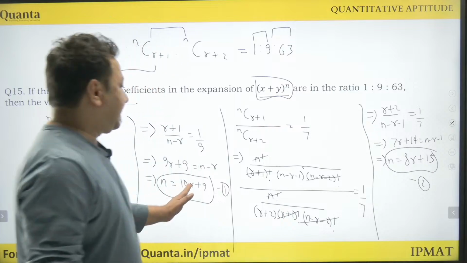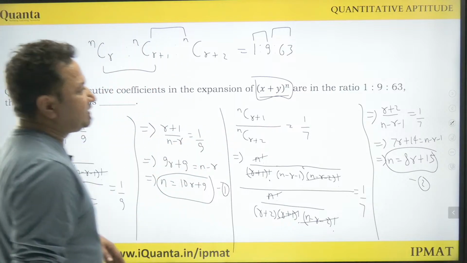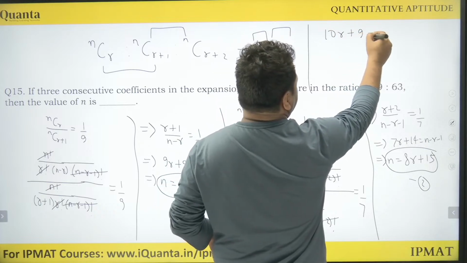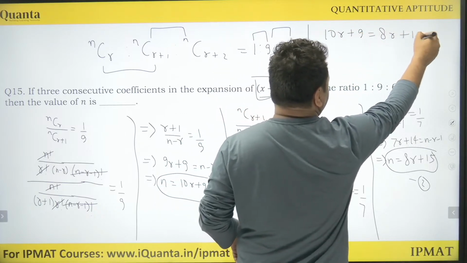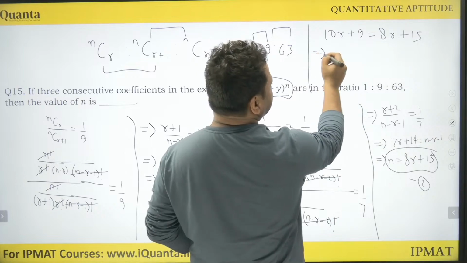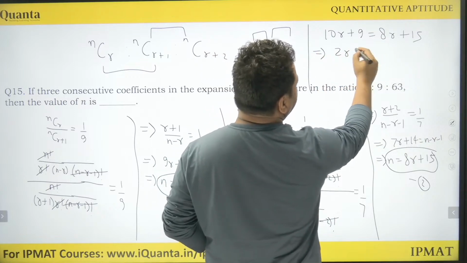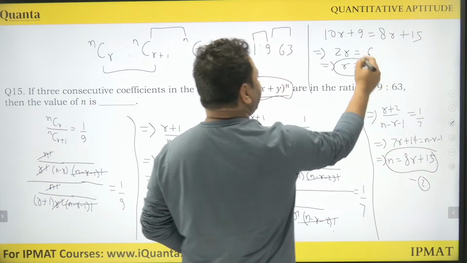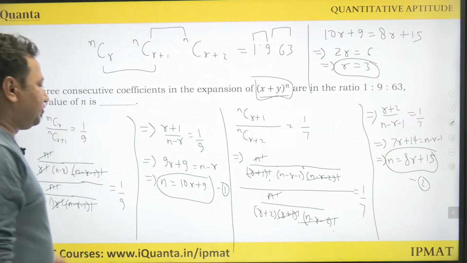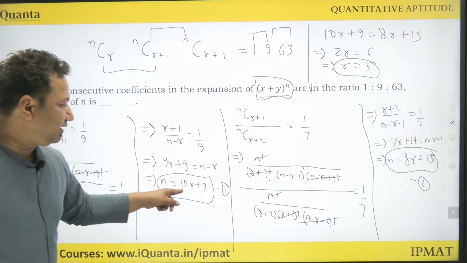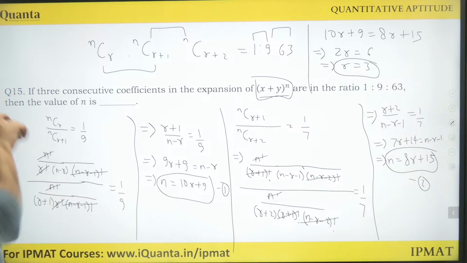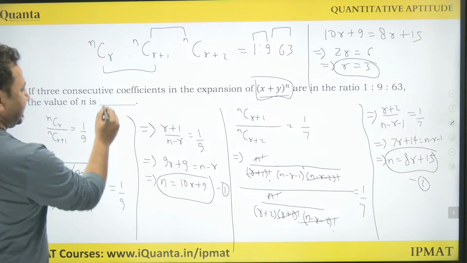Equating them, I'll get 10r plus 9 is equal to 8r plus 15. All right. Which means the value of 2r will be equal to 6, or I can say r is equal to 3. The moment we got r equal to 3, we can find the value of n by putting the value of r in any of the cases, which comes out to be 10 into 3 plus 9, which is 39.